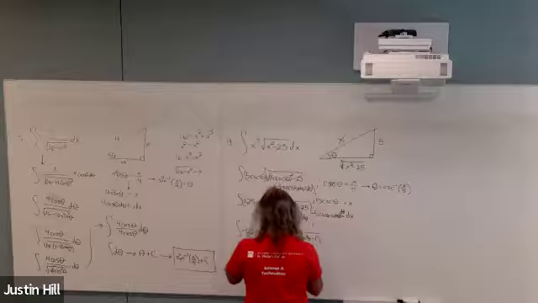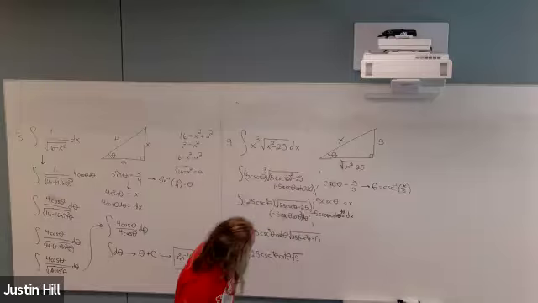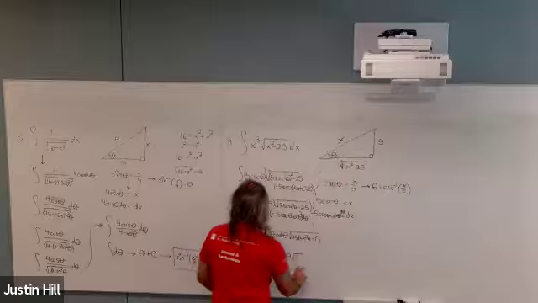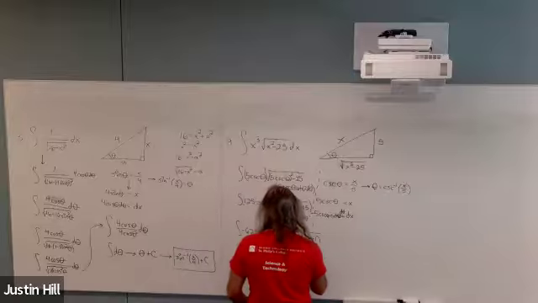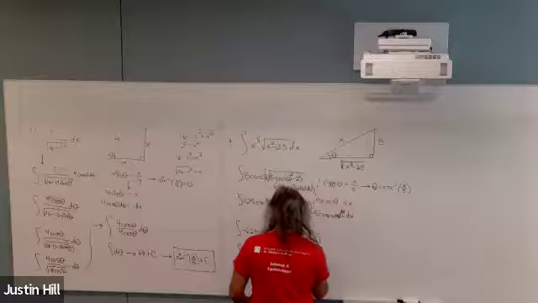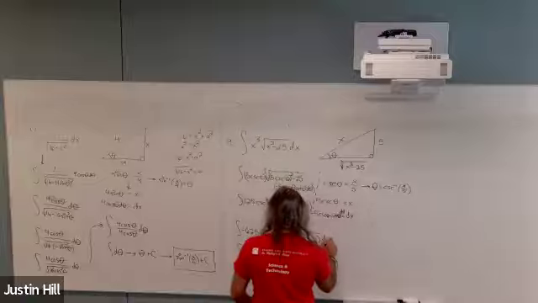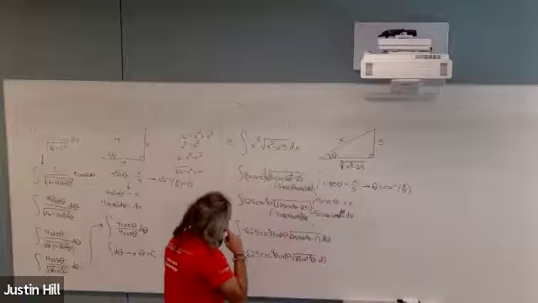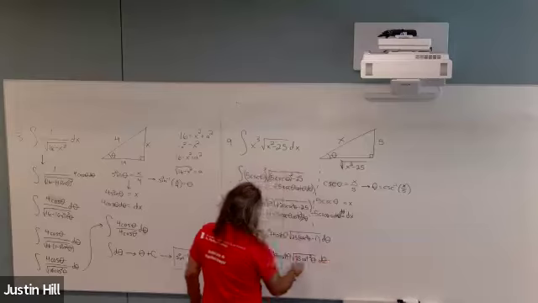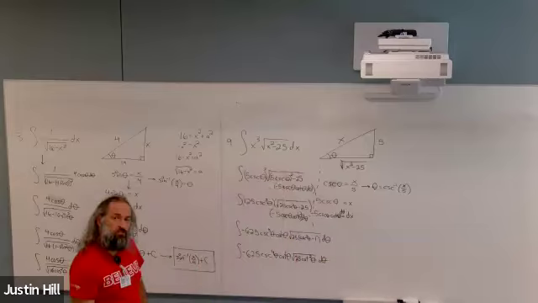It's now going to be the square root of 25 cotangent squared theta, all this with a d theta on the end. I forgot that last time. And what is the square root of 25 cotangent squared?